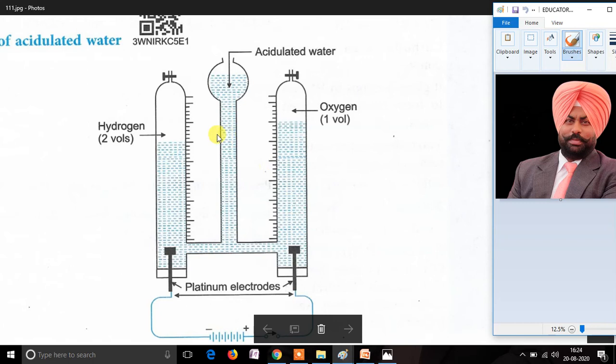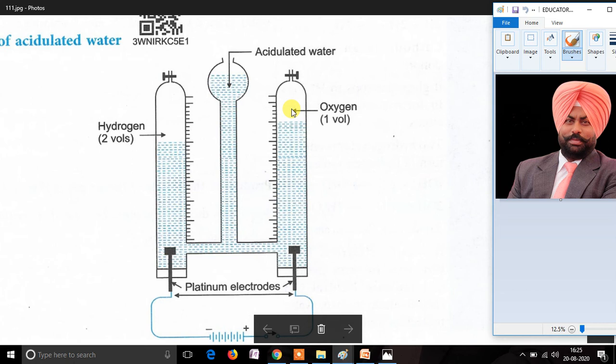Here you can see in the diagram, this is the cathode tube, and cathode tube will have hydrogen gas in it, and the acidulated water will decrease its level and the hydrogen gas will be collected in the cathode tube, while oxygen gas will be collected in the anode tube.